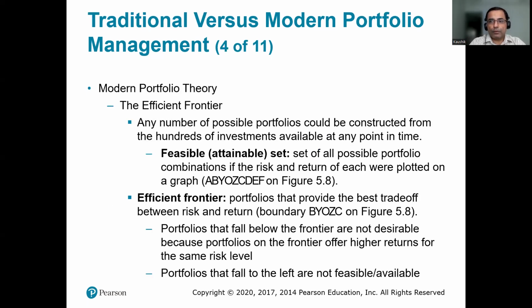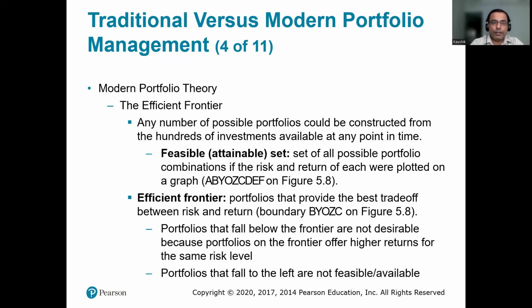So modern portfolio theory requires us to create an efficient frontier. These are different portfolios created by different percentage contributions of assets. Each portfolio will have a risk return trade-off, the maximum return compared to the risk assumed by the portfolio.